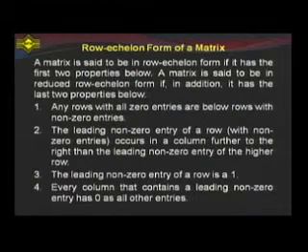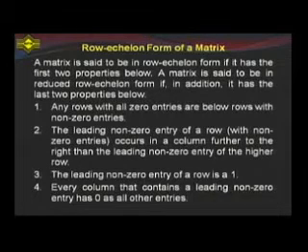In this connection, the row echelon form and the reduced row echelon form of a matrix are normally defined as follows. A matrix is said to be in row echelon form if it has the first two properties below. A matrix is said to be in reduced row echelon form if, in addition, it has the last two properties below. 1.